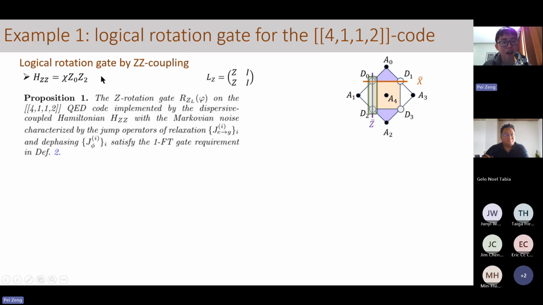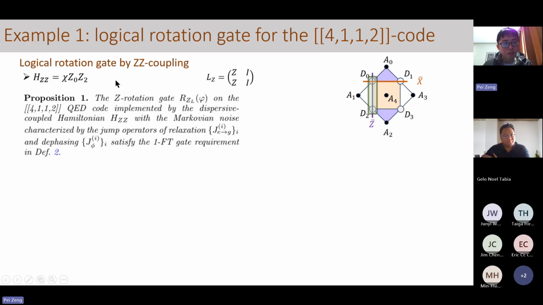You can do this interaction based on a dispersive Hamiltonian. If you do this Hamiltonian evolution for time t, then you can achieve a rotation by angle phi, where phi equals chi times t. So you can realize the rotation gate.